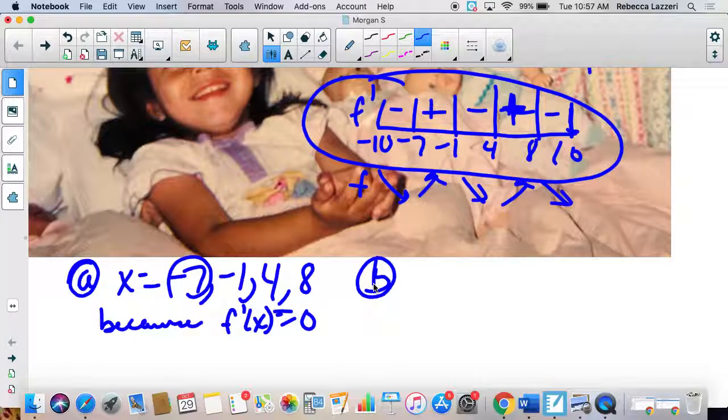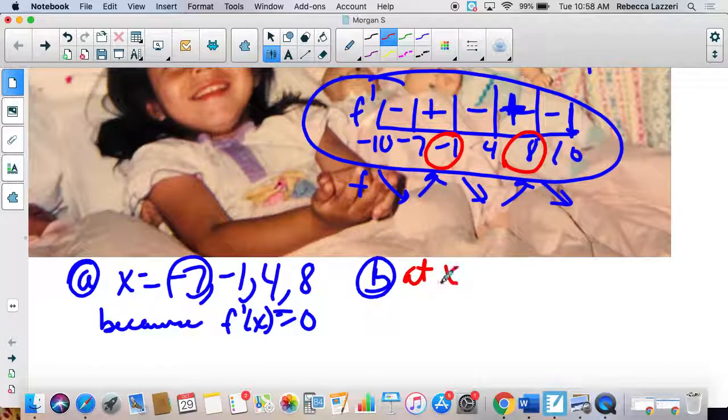Okay, then the next question is, for what values of x on the interval from -10 to 10, notice it's an open interval, you don't have to consider the endpoints, does it have a relative maximum? All right, so my relative maximums occur right here at -1 and 8. Are we the only two? Yeah.